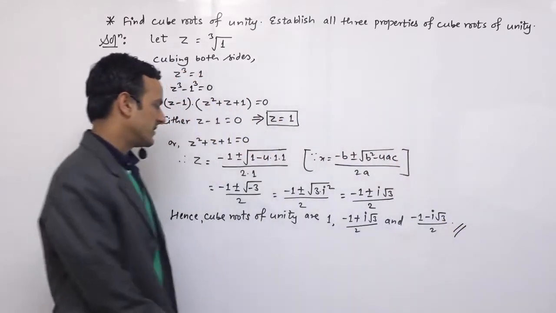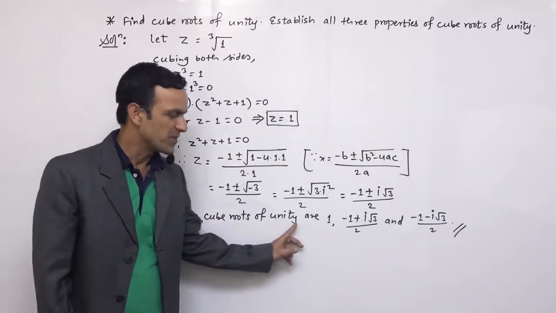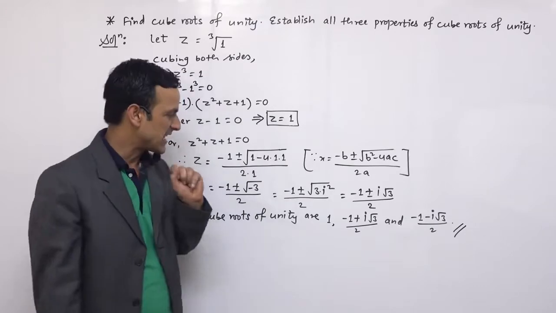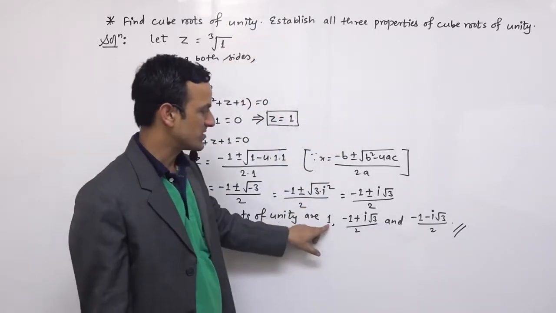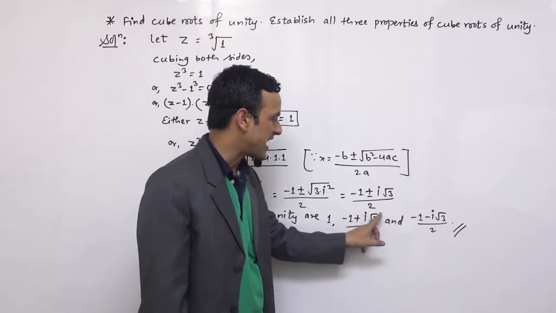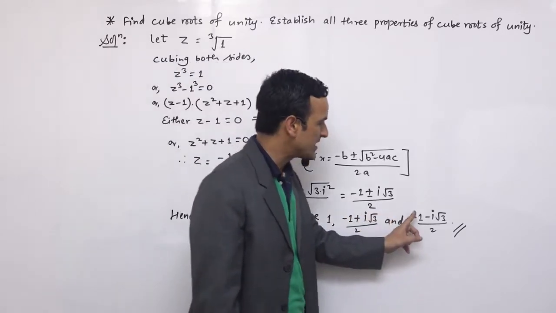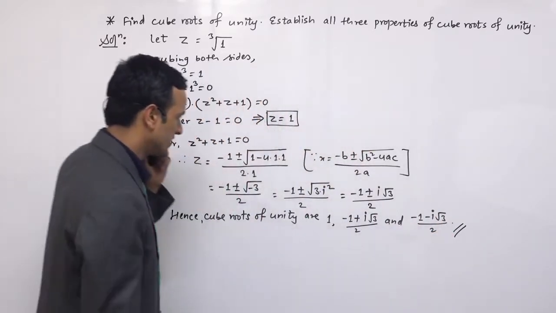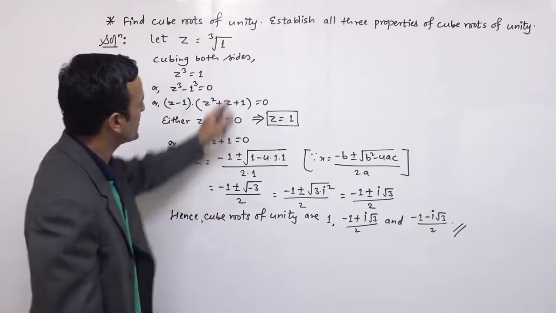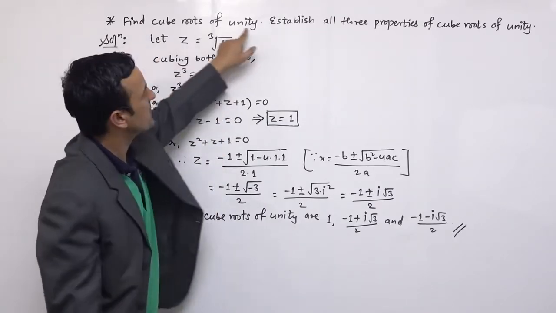So these are the required cube roots of unity. 1 को cube root निकाल्दा हामी तीनटा यसरी सल्युसनहरु आउँछ. 1 को cube root 1 हुन्छ, another one minus 1 plus i root 3 by 2. Next one is minus 1 minus i root 3 divided by 2. So this is the answer for the cube roots of unity. So it is the solution of the first part.